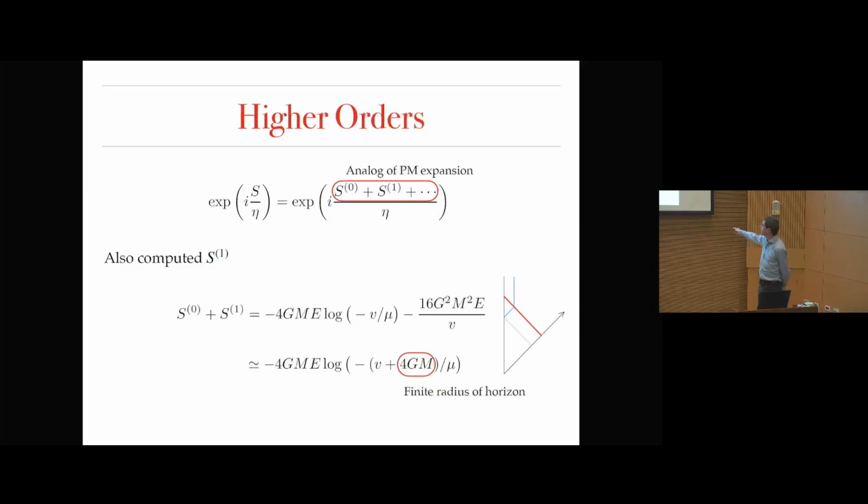It's just the gap between the infalling radiation and the part that the generator of the event horizon brings back out to scri. So this shift is explicitly a manifestation of the finite size of the horizon. We interpret this additional term at 1PM order as being a finite size effect.